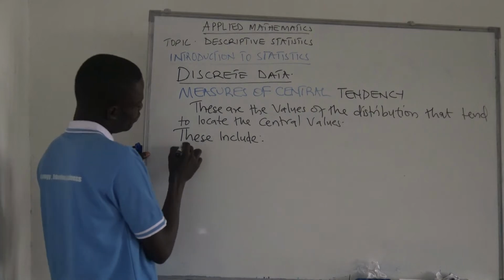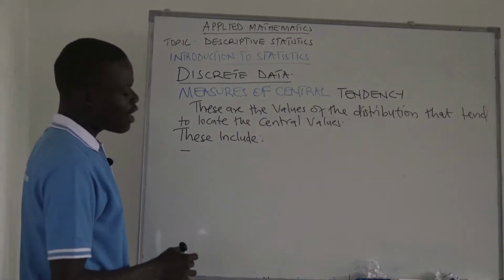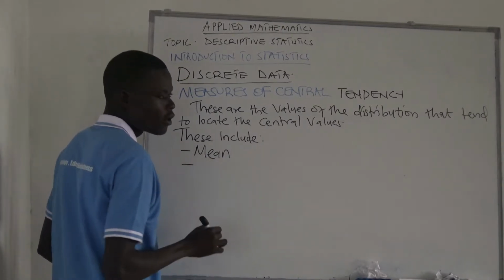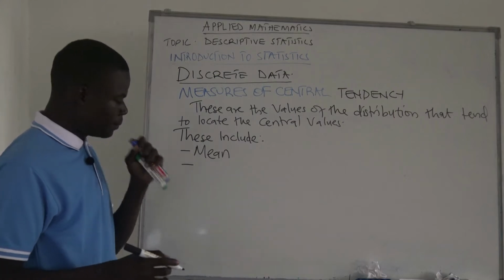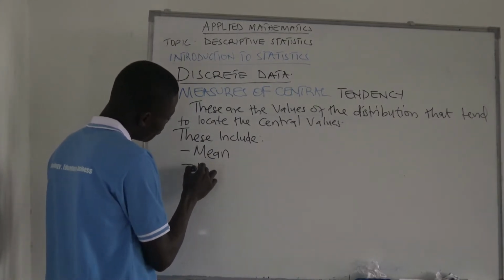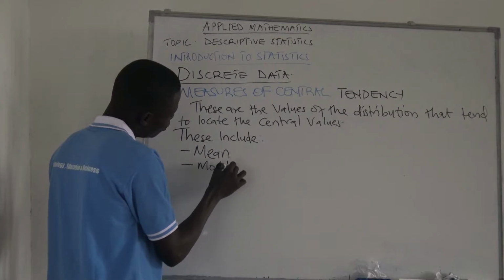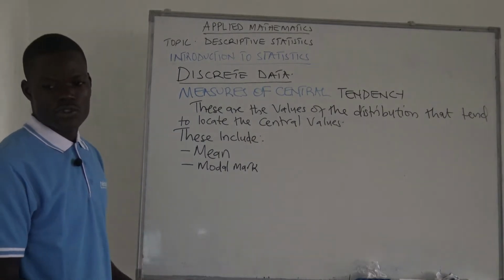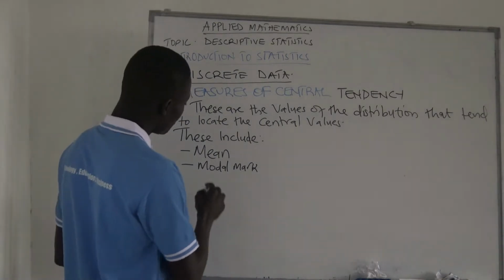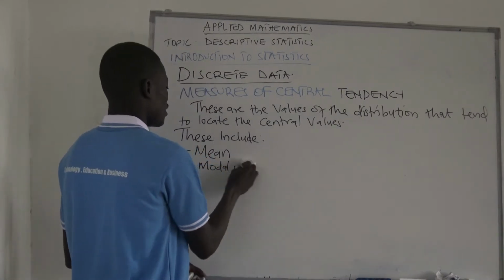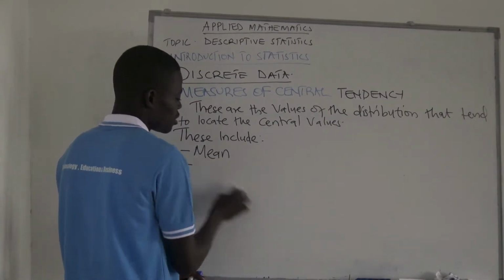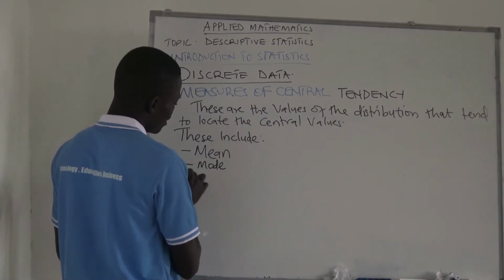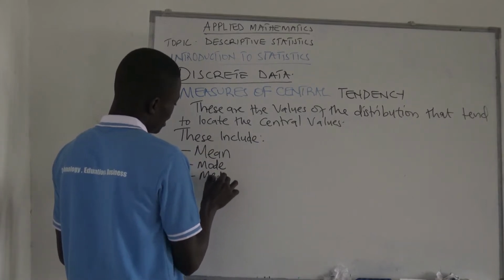This includes the mean, the modal mark or modal value, which is all the same, so let us call it mode, and we have what we are calling median.